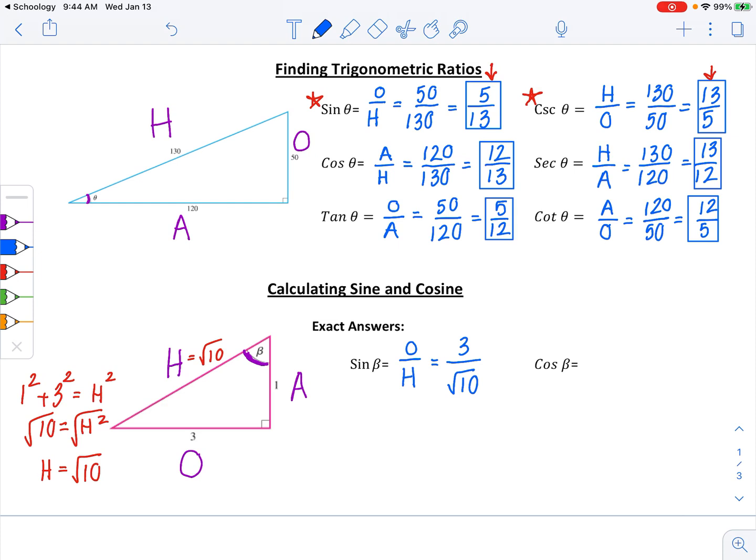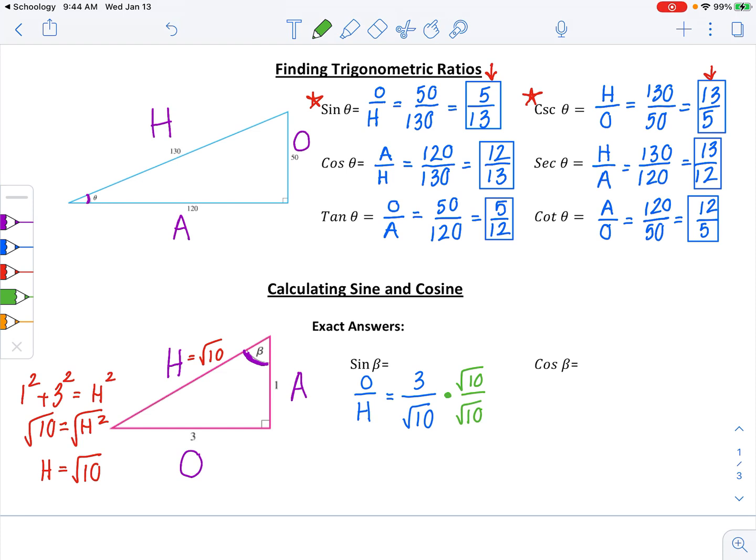However, you may not leave a square root in the denominator. No, can't do it. So what you're going to do, and I'm actually going to move it down a little bit so we can look at it together, you have to multiply by root 10 over root 10.